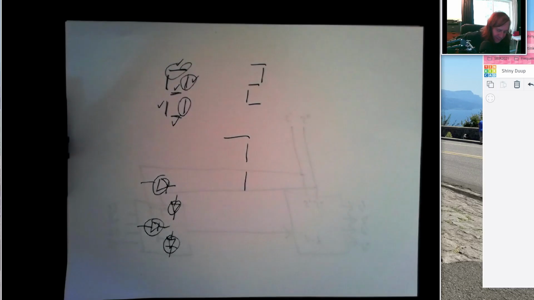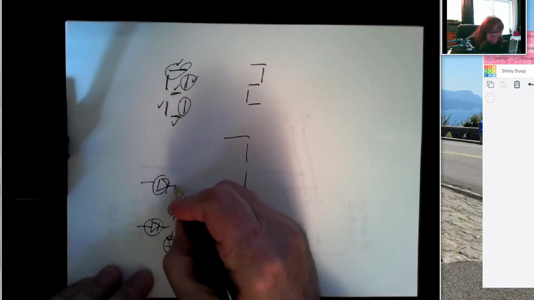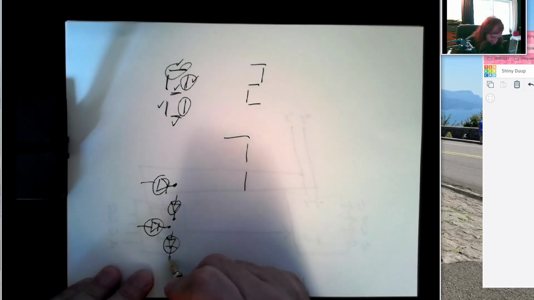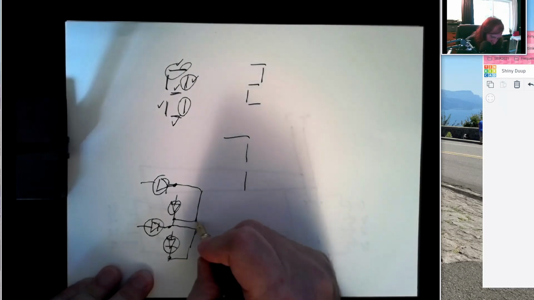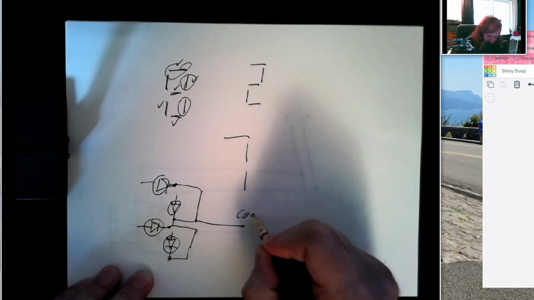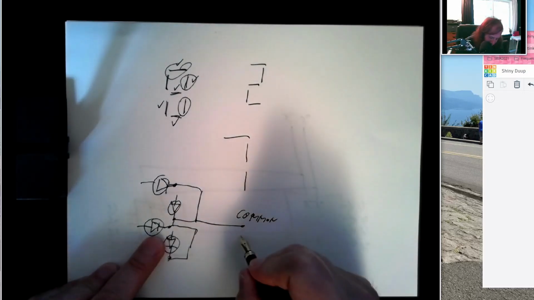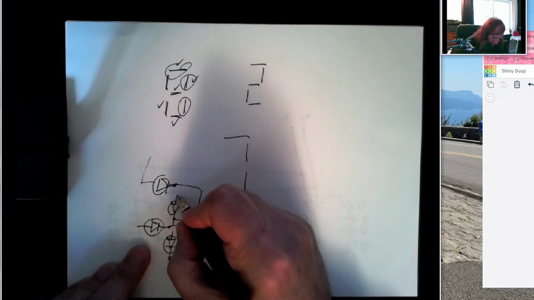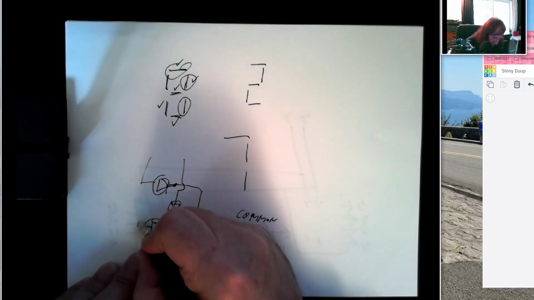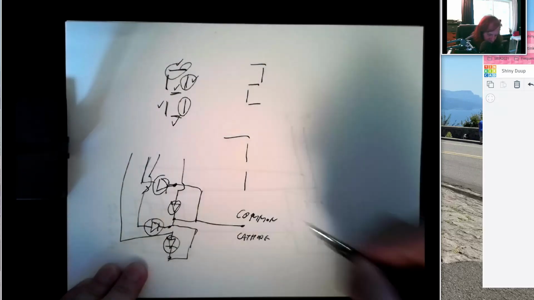But rather than having 2 times 7 wires to connect to this, what they do is they take, for example, all of the output sides of the LEDs and they wire them together, and they bring that out to one pin, and this is called the common. And since it's the negative side of the LEDs, this would be called common cathode. And then they make the positive sides available for you to feed input signals to.